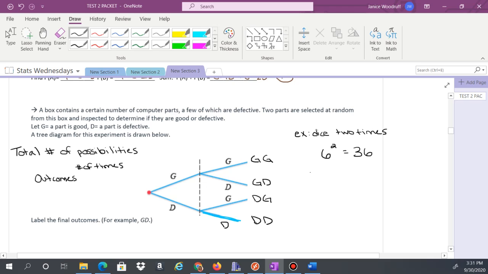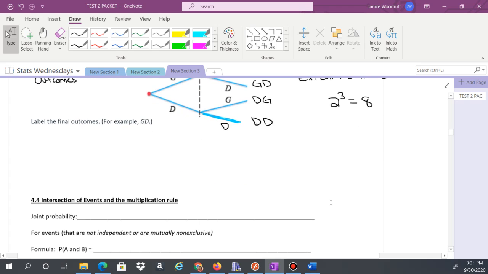Or if you flip a coin 3 times, you have 2 outcomes, heads or tails, to the third. 2 to the third is 8. So you have 8 possibilities that you could get: heads, heads, heads, heads, heads, tails, etc. Okay. I think that is 4.3.